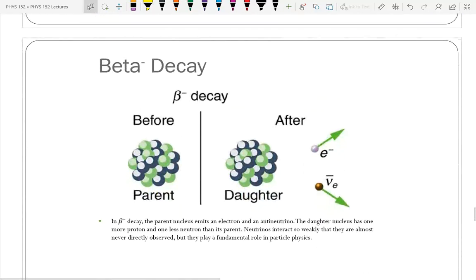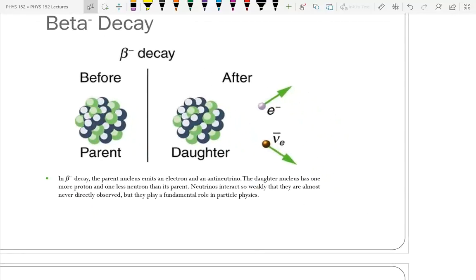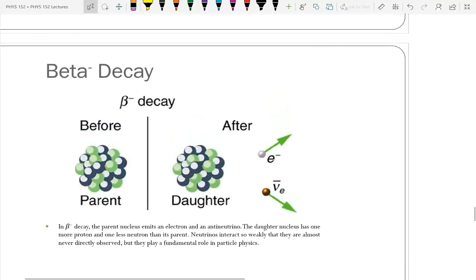So let's look at beta decays. A beta decay is a different beast. Balancing the beta decay is a little bit more tricky because what left the nucleus? Not a proton and not a neutron. So if I have a beta decay, let's suppose that our thorium undergoes a beta decay, a beta minus, so it gives off an electron.